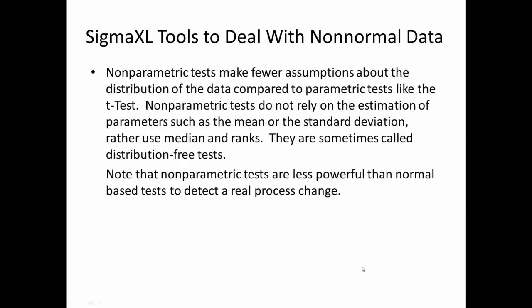normality. To briefly discuss the nonparametric tests, they make fewer assumptions about the distribution. They don't rely on estimates of the mean and standard deviation. Rather, they use median and ranks. So they're sometimes referred to as distribution-free tests. But the nonparametric tests are not as powerful as the normal-based tests. That is the caveat here, that you are losing power.